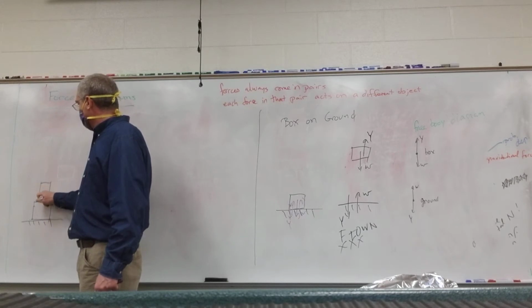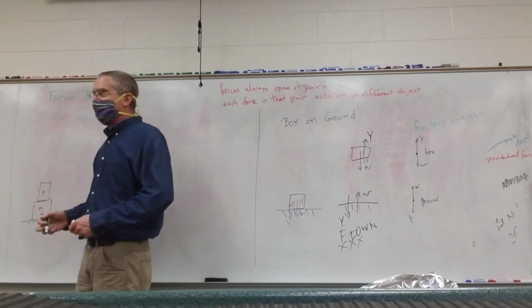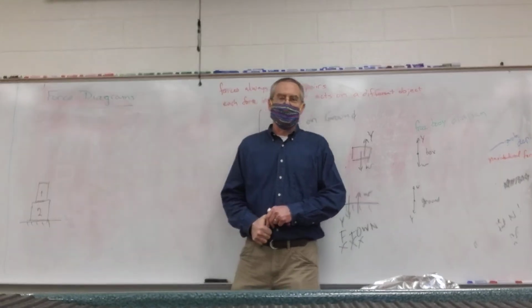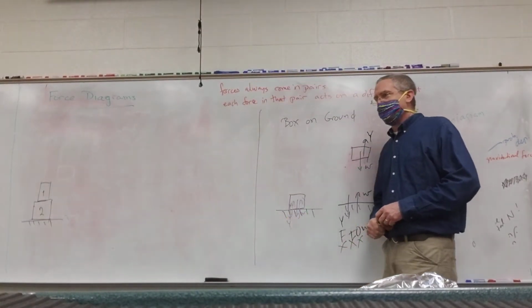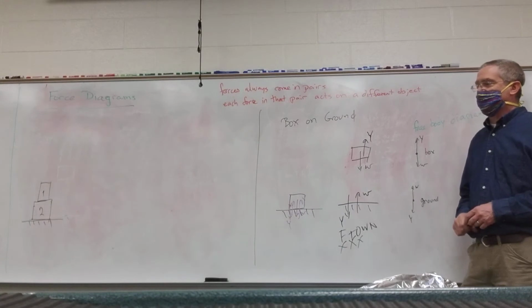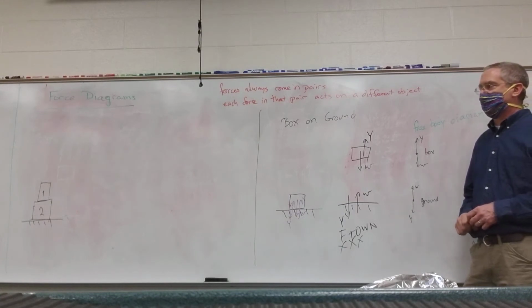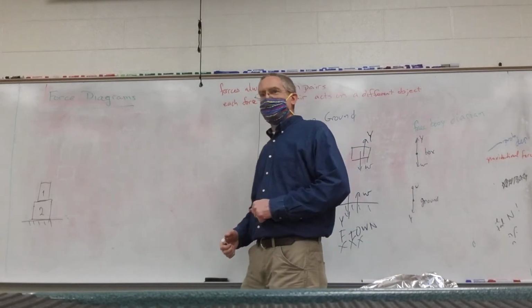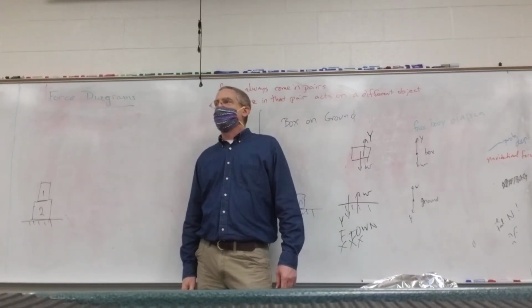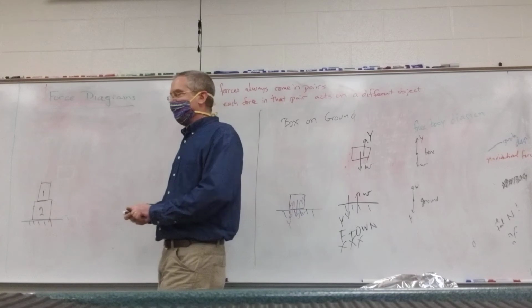And I'm just going to say the top one is box 1 and the bottom one's box 2. If you don't like 1 and 2, A and B, alpha, beta, A and P, or whatever. What's the first step? I think that was said.